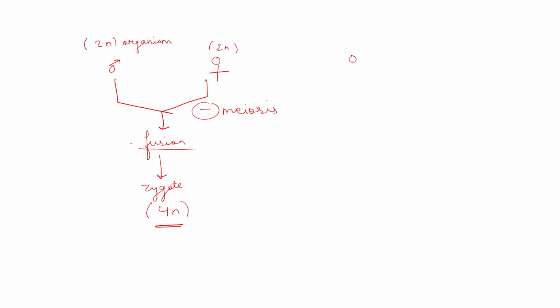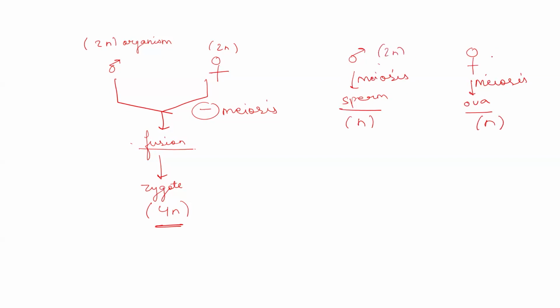When there is a fusion between the male and the female gametes, that is the sperm and the ova, during the formation of sperm and ova the process of meiosis takes place. That is, during gametogenesis, the process of meiosis happens, resulting in sperm and ova which have half the number of chromosomes of the organism.